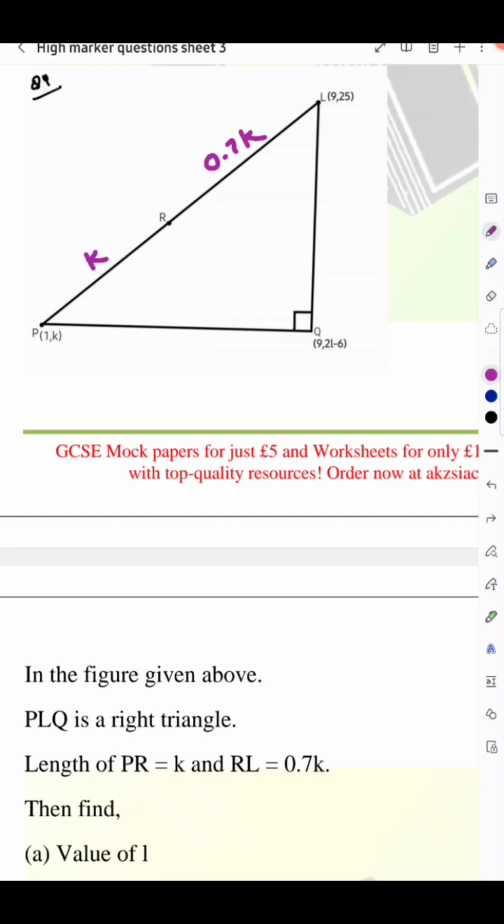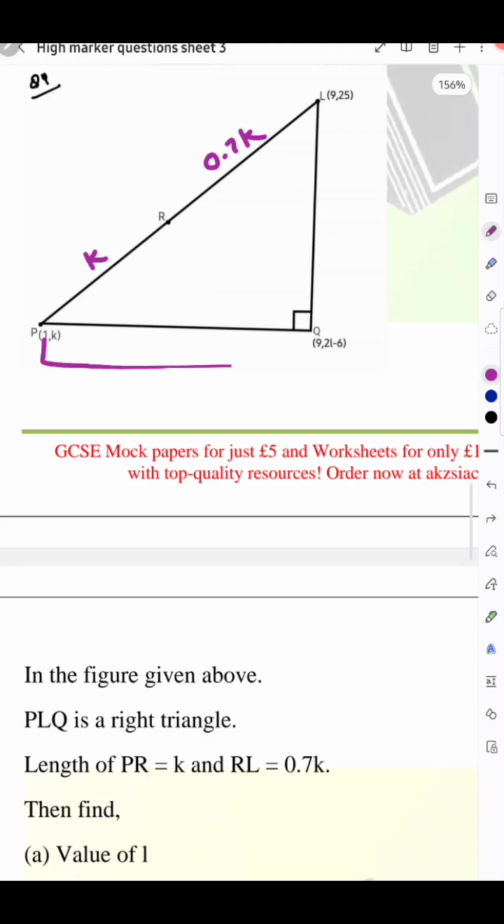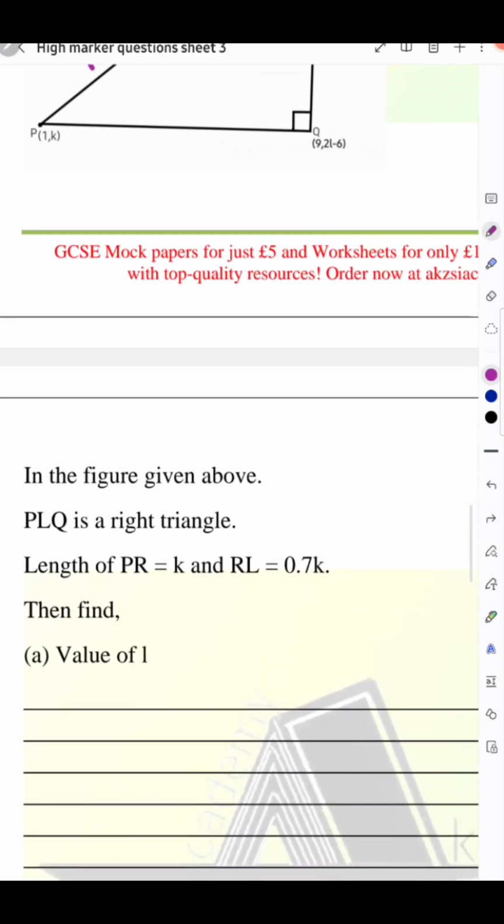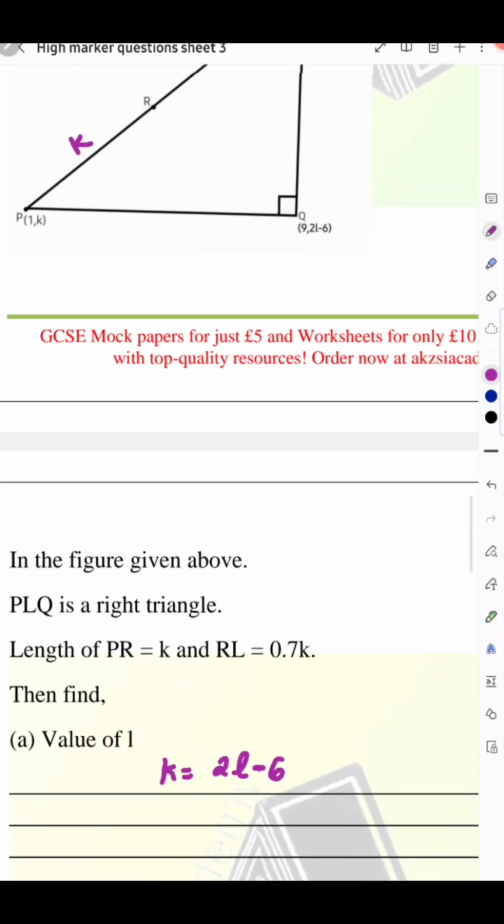So here the value of x is changing from 1 to 9, but the value of y will remain exactly the same. So whatever be the value of y here, the same y will be here. So I can say K is equal to 2L minus 6.